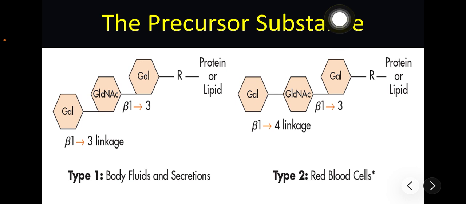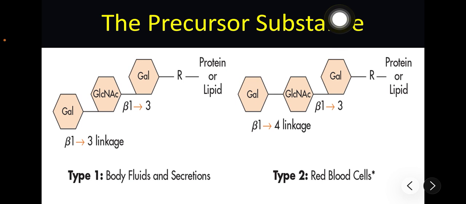Type 1 precursor substance, which is found in body fluids and secretions, has a beta 1,3 linkage, in which galactose is attached to N-acetylglucosamine via a beta 1,3 bond. It is present in secretions and body fluids such as saliva and plasma.